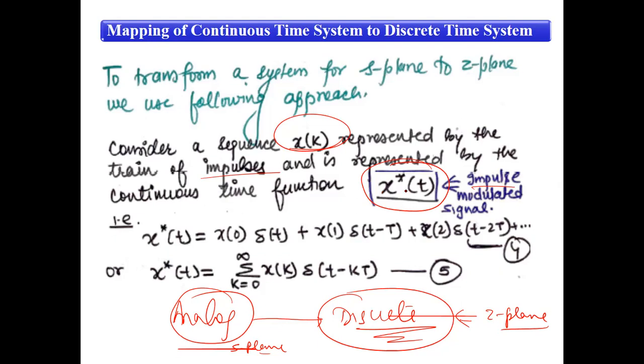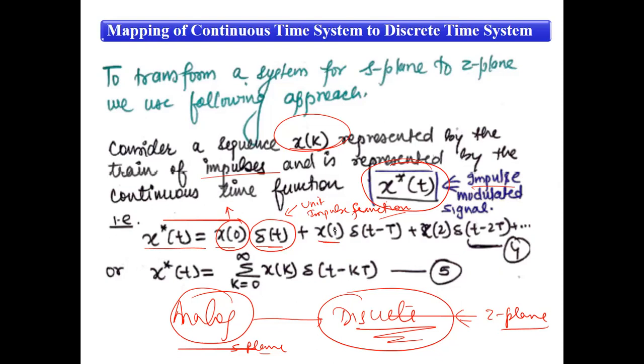As you can see, x*(t) is written as x0 δ(t). What is this δ(t)? This is the unit impulse function, whereas x0 is the magnitude of the first available sample, which could be the zero sample or the first sample. Then we have x1, which is the amplitude of the next sample.